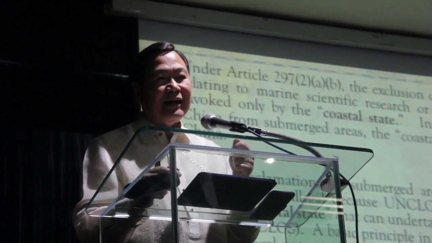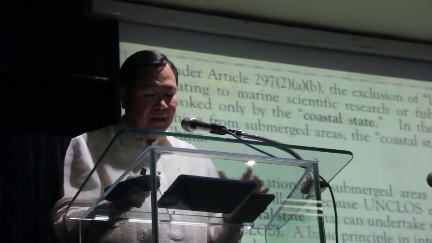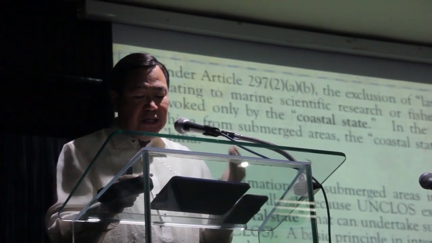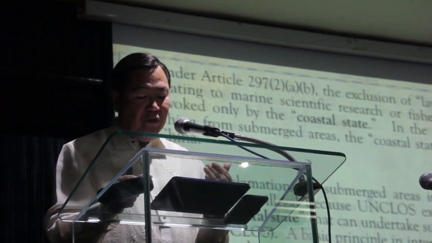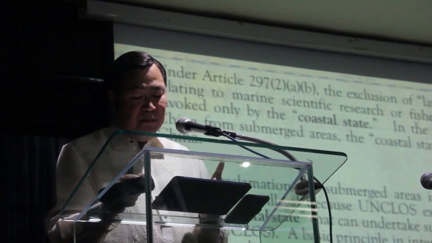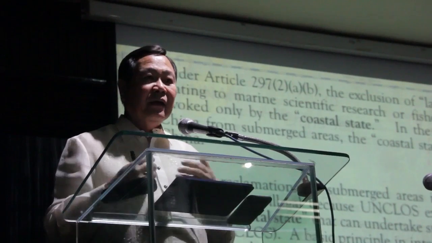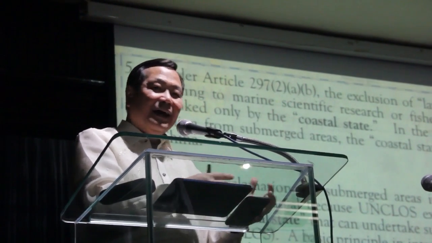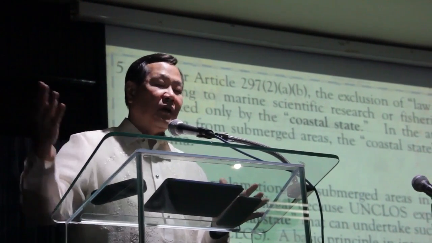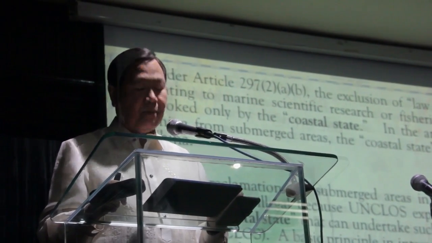China cannot invoke the exception of military activities or law enforcement activities to justify or escape from its illegal act of reclamation. Because its reclamation is illegal, China cannot invoke any lawful justification for that.